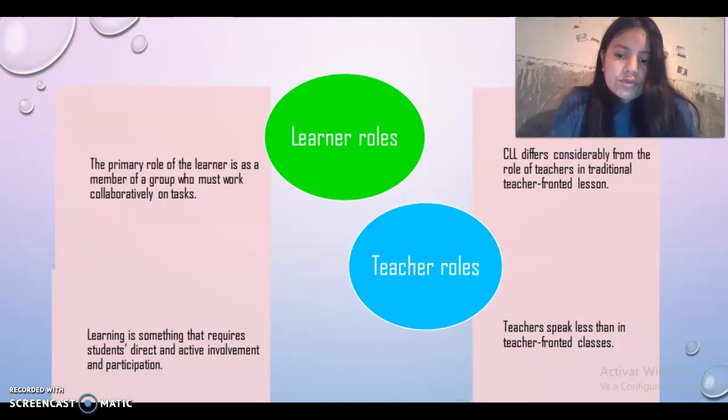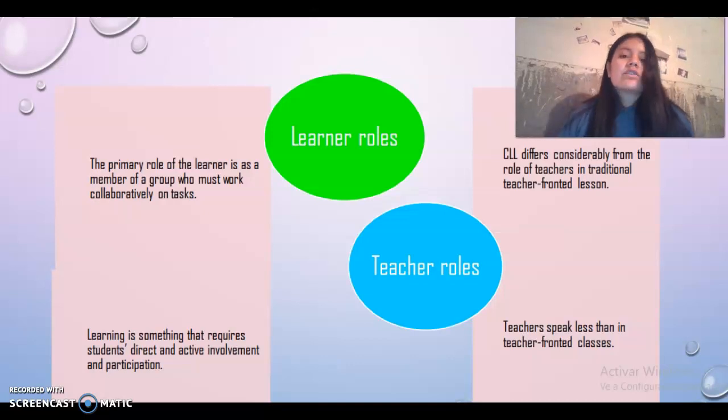They are going to be the director of their own learning, so the students have to know how to learn the teamwork skills, since all of them are going to work in groups. Mostly pair work or pair tasks are assigned in this method.